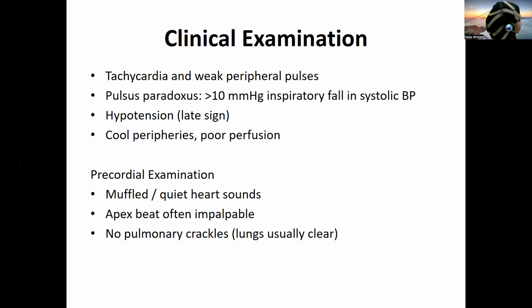Anyway, pulsus paradoxus is a clinical sign that can be seen, and one can feel it by pulse examination. When the patient is sitting and breathing, you can appreciate that the pulse volume decreases, it becomes faint during inspiration and becomes stronger during expiration. By sphygmomanometer, more than 10 millimeters. Can I ask you to go through it, please? There are a number of fellows attending.